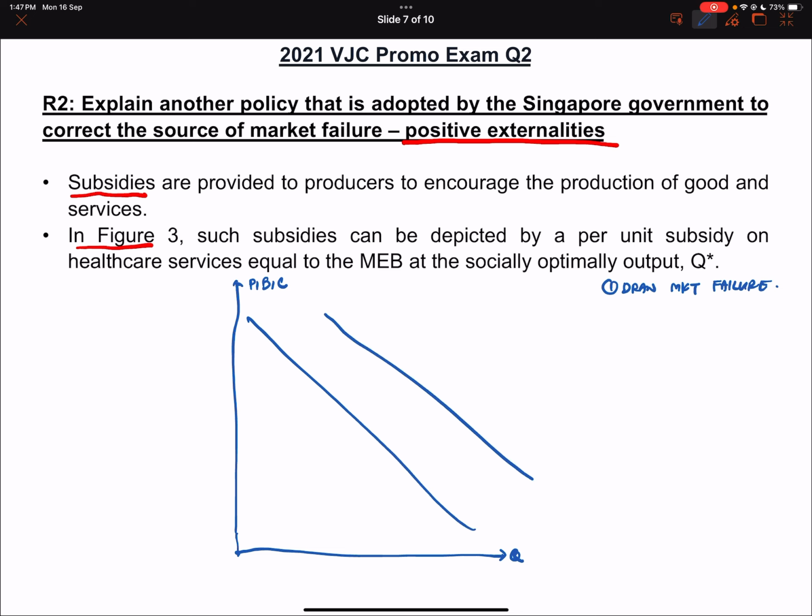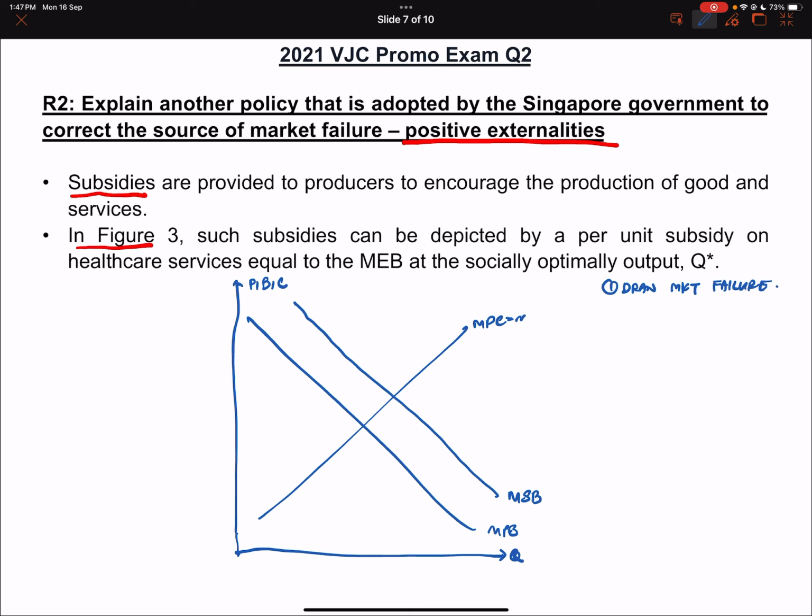Don't draw the policy first, just draw the externality. MSB is here, MPB is here, MPC equals MSC is here. This is Q, this is Q star, this is P, this is P star. So you draw the market failure first.